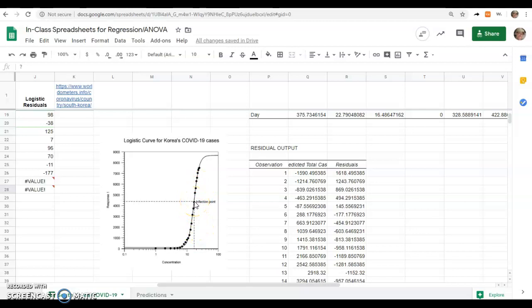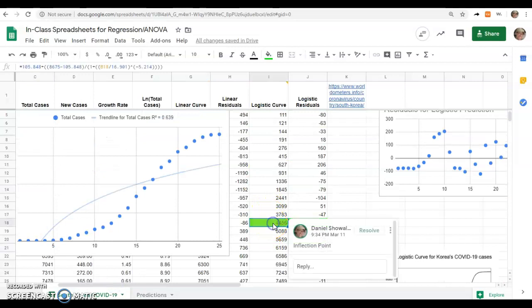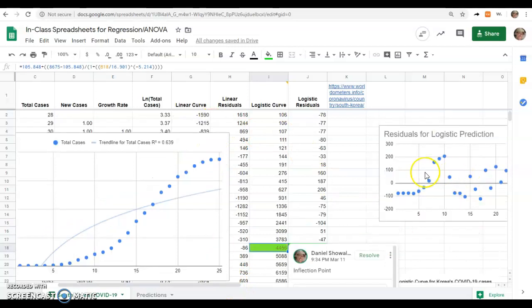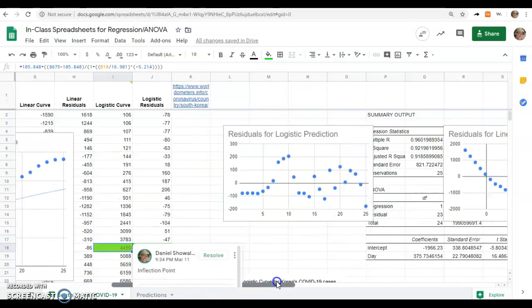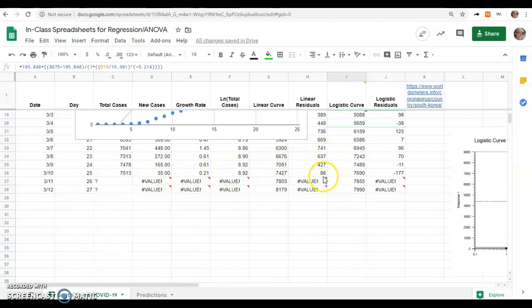The inflection point is the point where things start to change. In this case, according to this model, it would have been around this point. And if we look at the residuals there, they're certainly not perfect. In the beginning, something was happening there. There's a trend. But after that, it's fairly random. In other words, it is following a logistic regression fairly well, which would give a prediction of, let's see, the logistic curve prediction for the day I asked you to predict would be 7990.